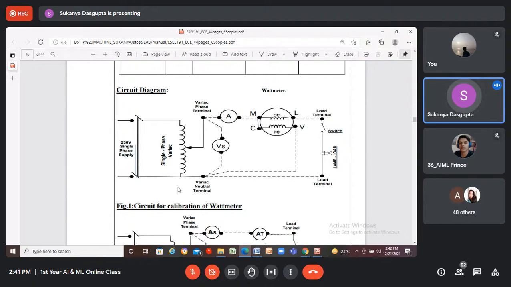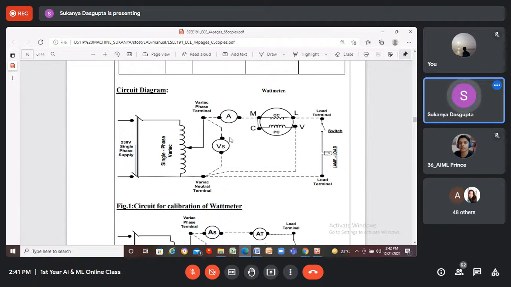This is the variac, single phase variac, which is just an auto transformer. So we have seen the use of this variac in the previous experiment. By using this variac, we'll be able to vary the AC supply voltage. This is the voltmeter connected in parallel with the variac, used to measure the supply voltage, and this is the ammeter, which is connected in series with the circuit to measure the source current or the supply current.